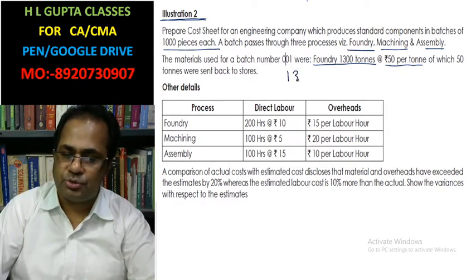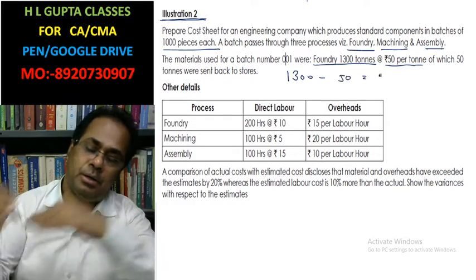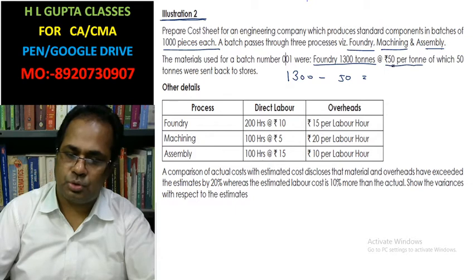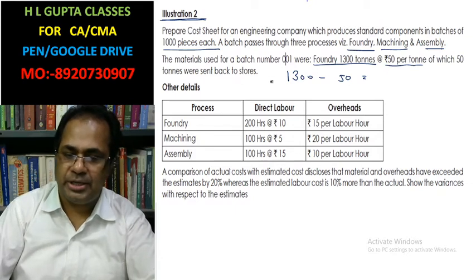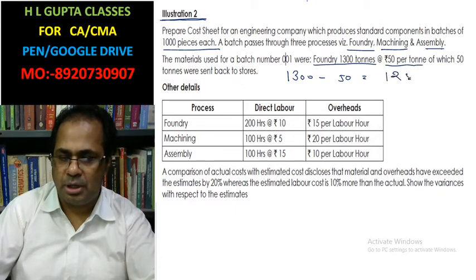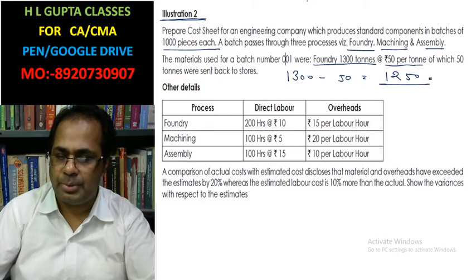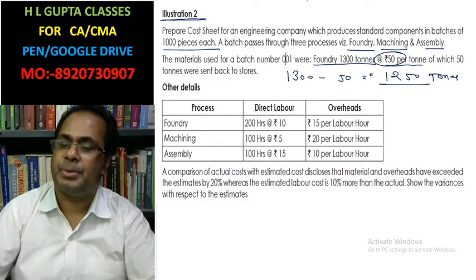Actually, the store has issued 1,300 tons. Out of that, 50 tons have been returned to the stores. It means the material used is 1,250 tons. The rate is rupees 50 per ton.